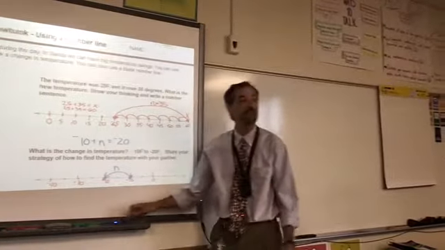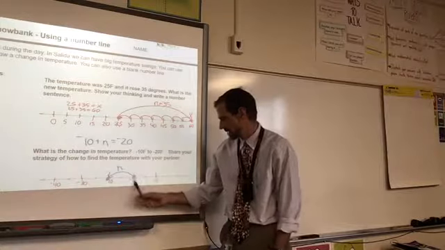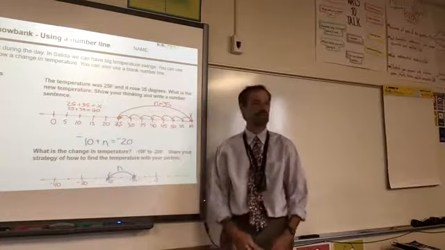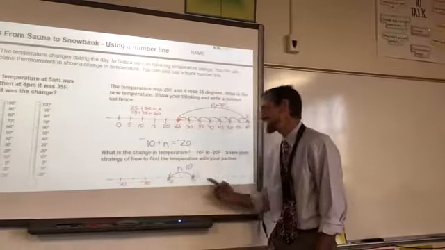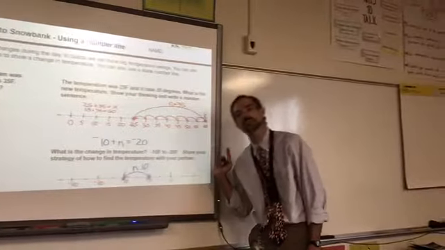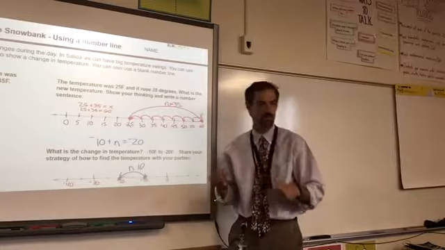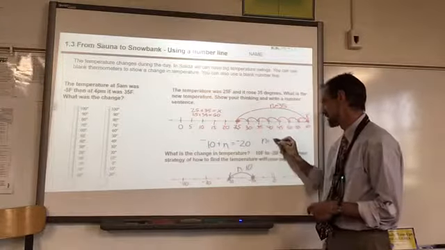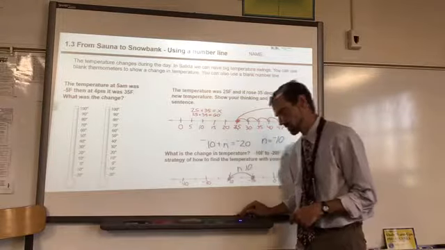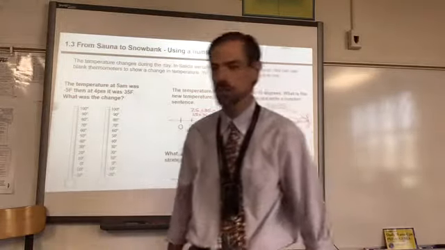So how far is it, Kaylin, from negative 10 to negative 20? 10. Now, is the temperature going up or is it going down? Down. So what does N equal? Negative 10. You guys, crushing it.